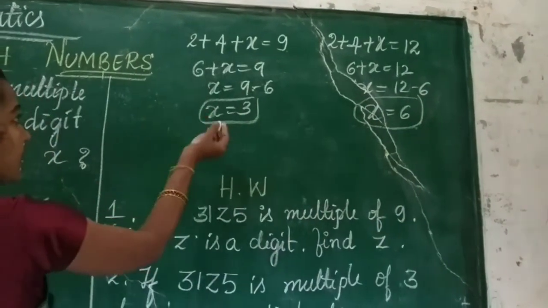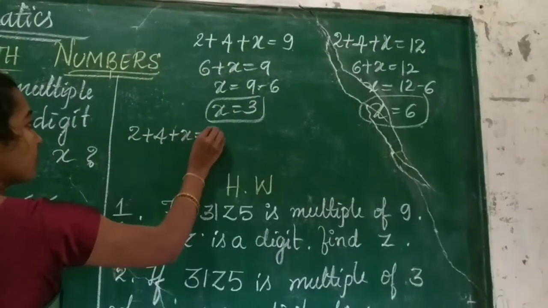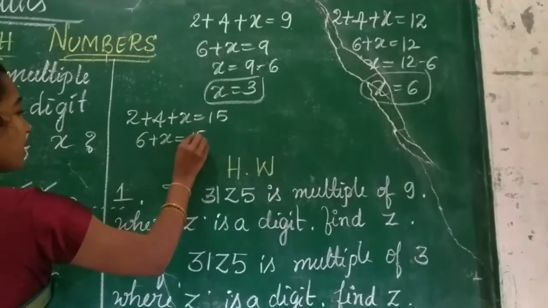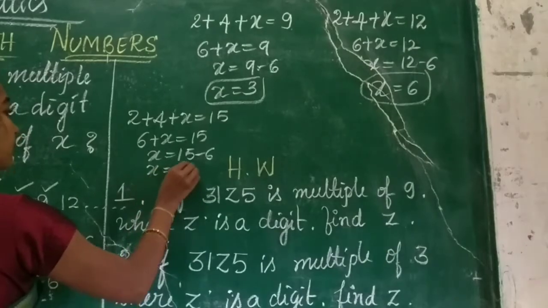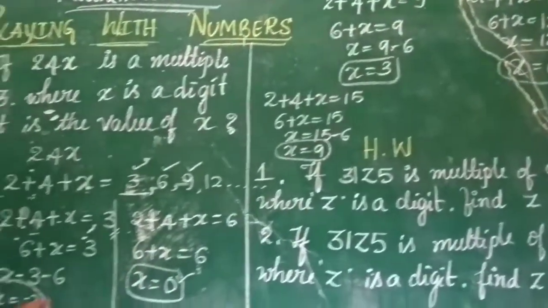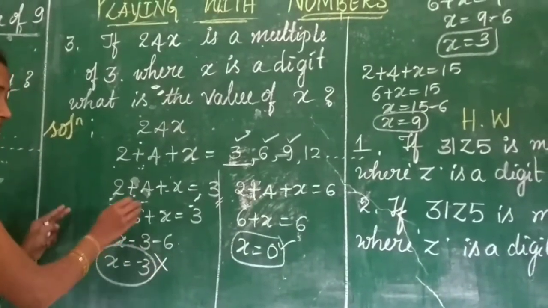Now let us take the sum 2 plus 4 plus x is equal to 15. 6 plus x is equal to 15. X is equal to 15 minus 6. X becomes 9. Look at children here, minus 3 does not fit as our answer.